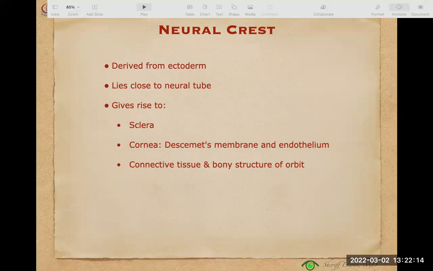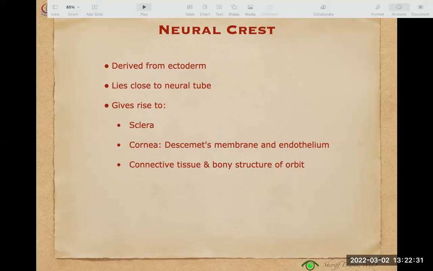This is the third wave of development after the development of the optic cup, the optic vesicle, the lens placode, lens vesicle, and the lens.